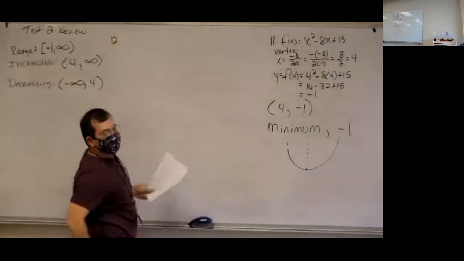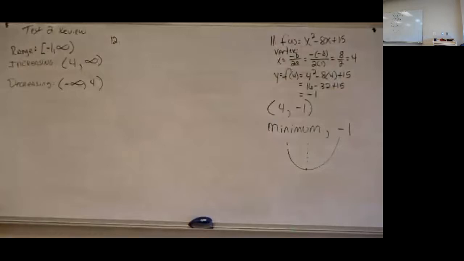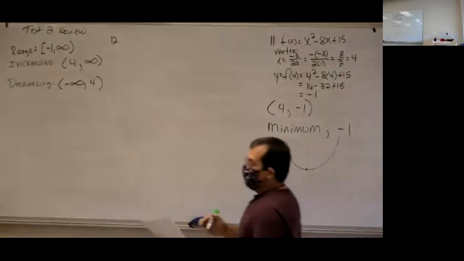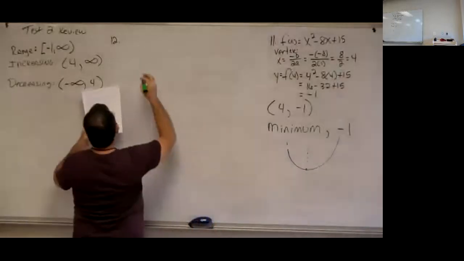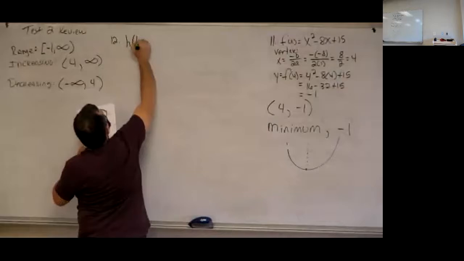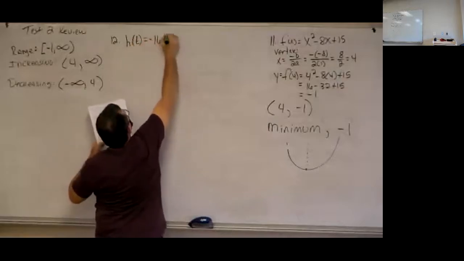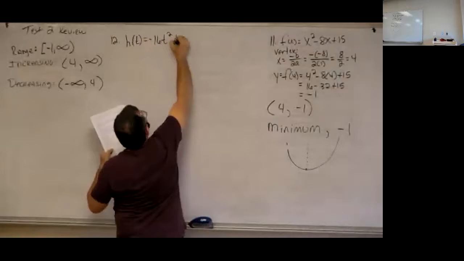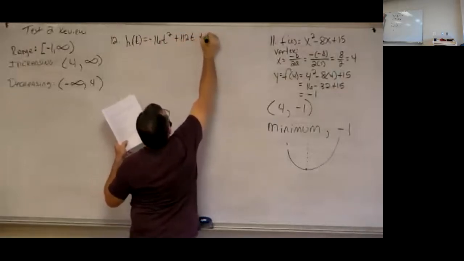Let's make 12. Now 12 is a toy rocket, got shot vertically from a launching pad 5 feet above the ground, initial velocity of 112 feet per second. Don't worry about none of that. All you want is the equation they're giving you. The equation they're giving me is h of t equals -16 t squared plus 112 t plus 5.